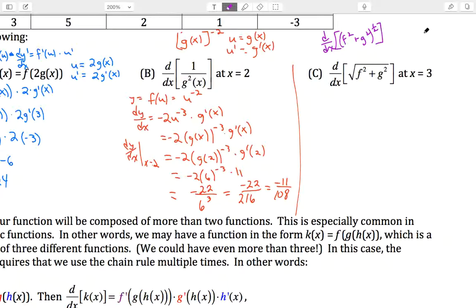What is u? Squared. Okay, I am going to find the derivative of u with respect to x.